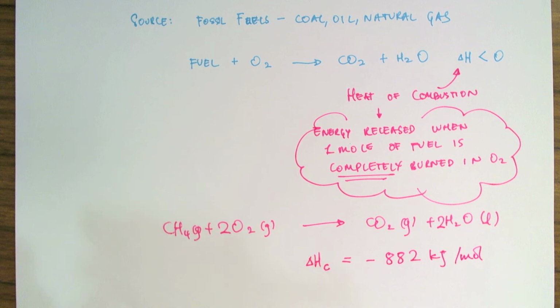Right? So fossil fuel has a really high energy density, meaning that just a little bit of it will give me a lot of energy. And as you can see, this is the case here. I get almost 900 kilojoules of energy from each mole of methane. That's what makes fossil fuels so attractive right now. You can carry a little bit of it in your car and it will take you a long way, right?